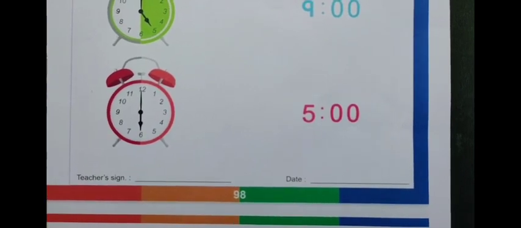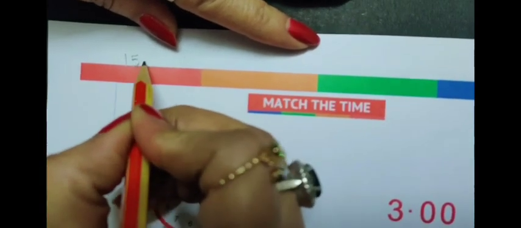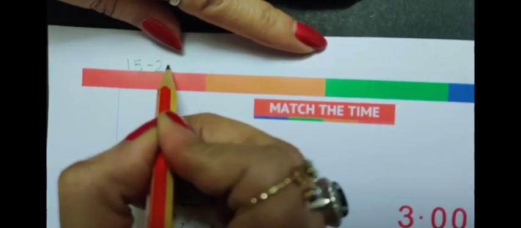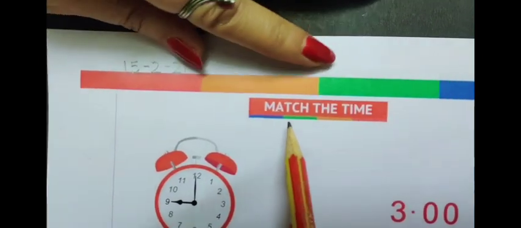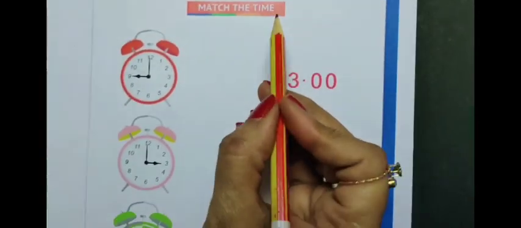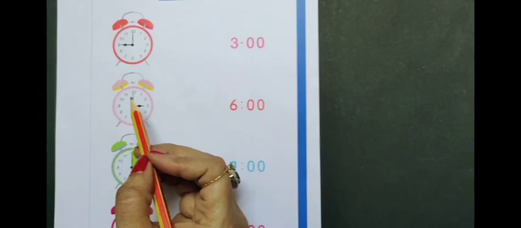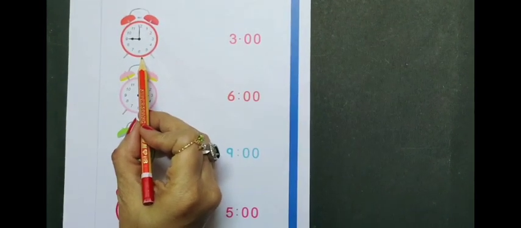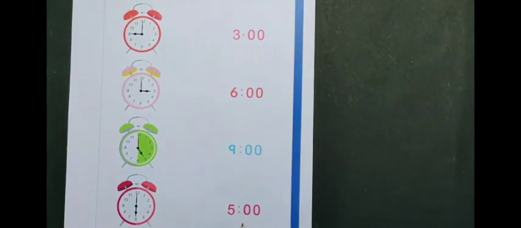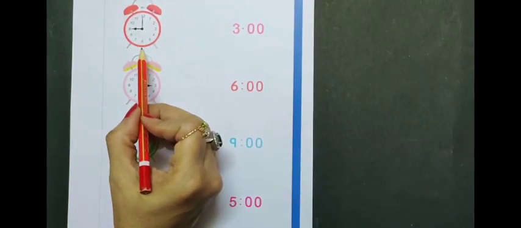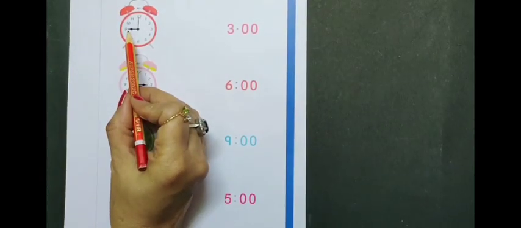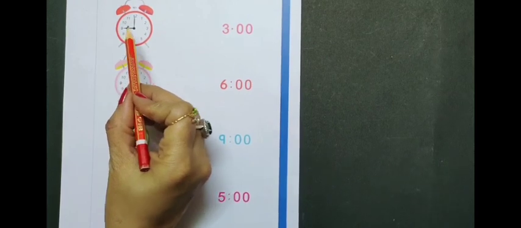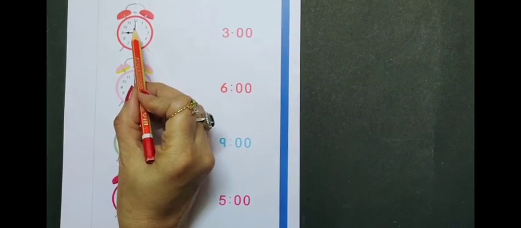We will begin with writing the date. Match the time. Here you have to match the time shown in the clock to the correct time in this column. The first clock. As you can see, the short hand is on 9 and the long hand is on 12.